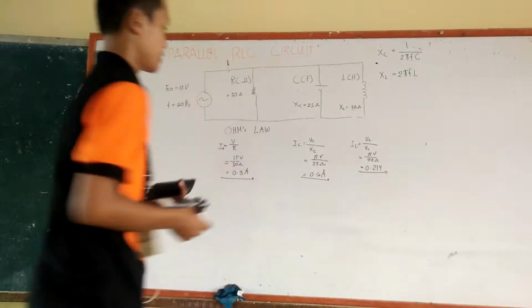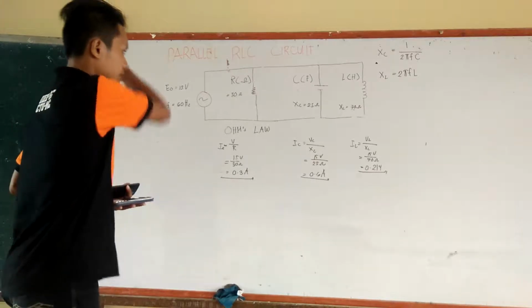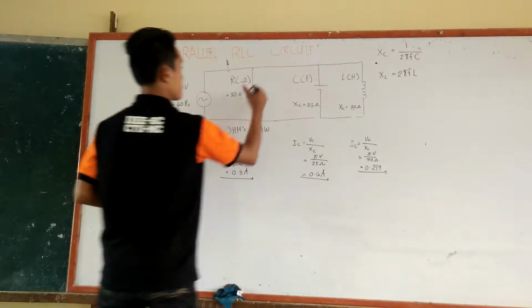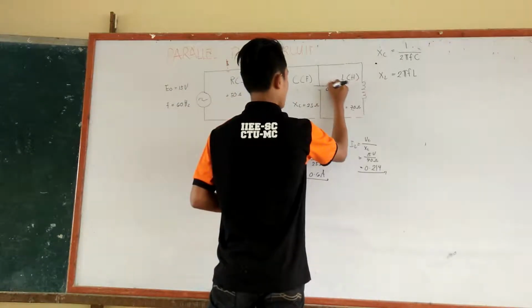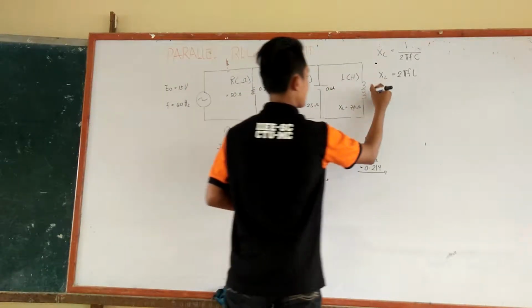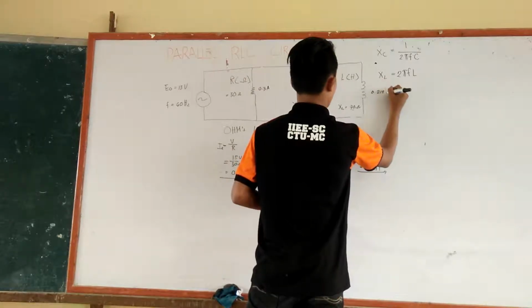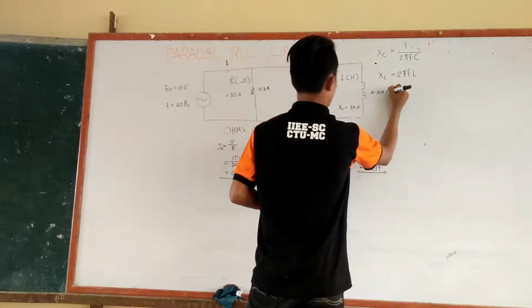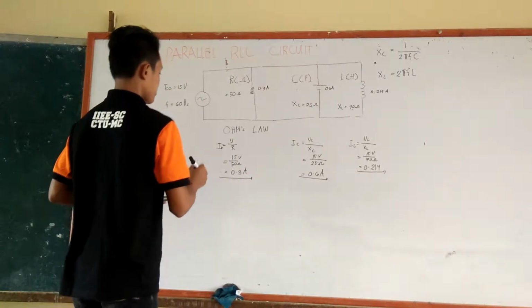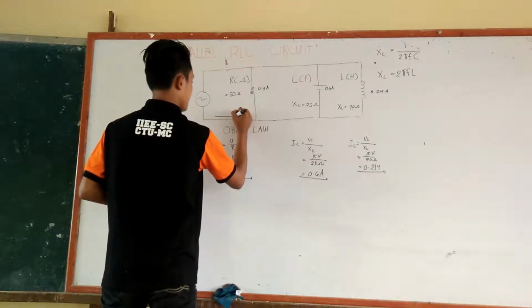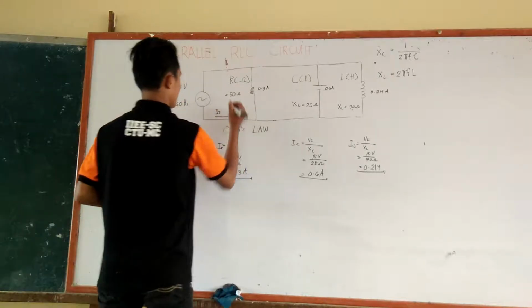Now we have the branch currents. So now we have 0.3 amperes here, 0.6 amperes here, and 0.214 amperes here. Now we will solve the total current, the I total.